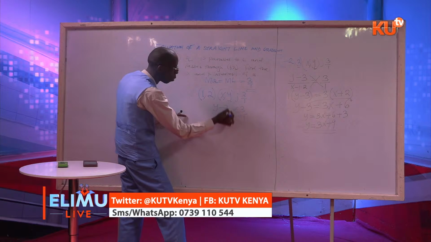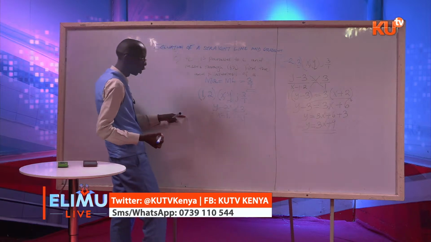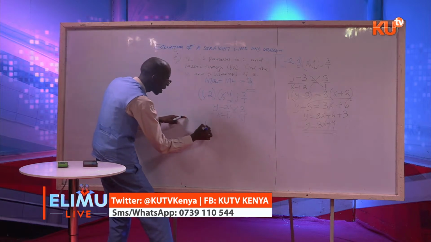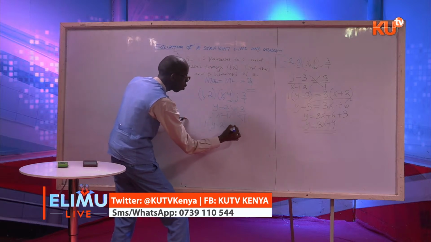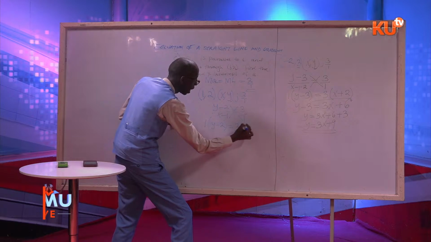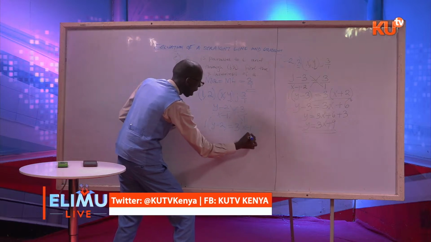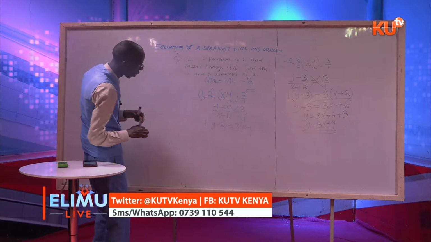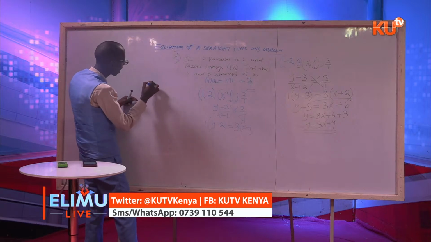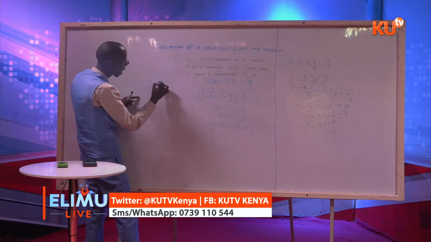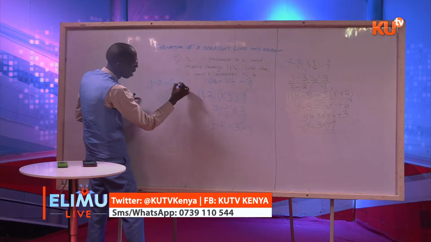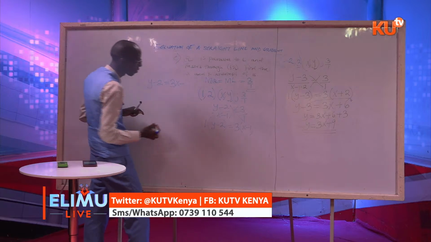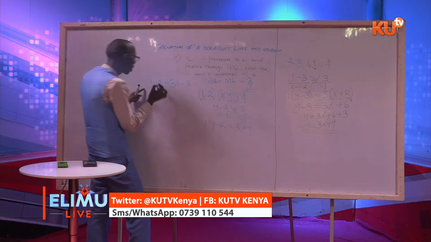Cross multiply as usual. 1(y - 2) is equal to 3(x - 1). Open the bracket. y - 2 is equal to 3 times x, yes, it is 3x. Very good. Minus 3 times 1, it is 3. Take 2 to the other side.